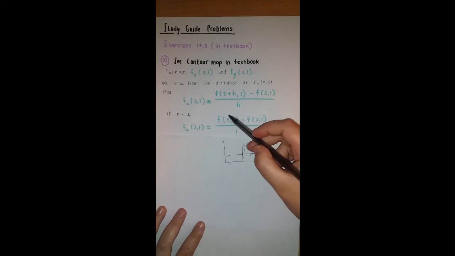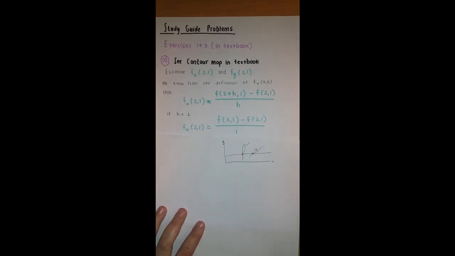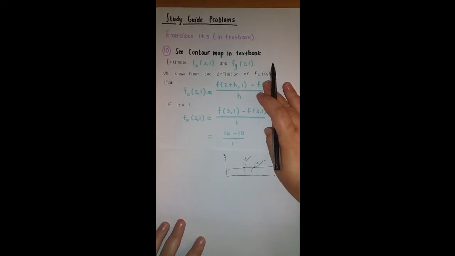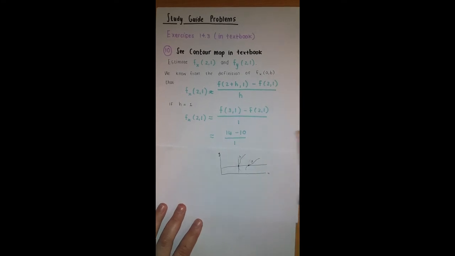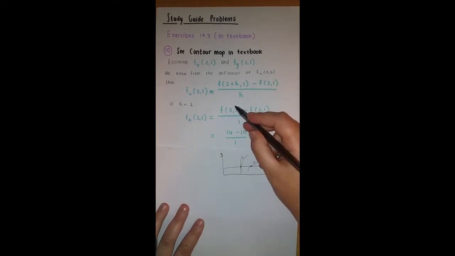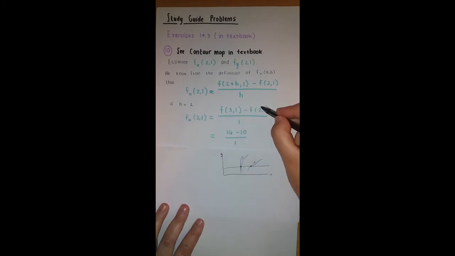Then you have f(3, 1), remembering that the y stays constant, minus f(2, 1) over 1. Reading it off, those were just values I chose now, but on the contour map you'll see that the function value at x equals 3 and y equals 1 is 14, and the function value of f at x equals 2 and y equals 1 is 10.